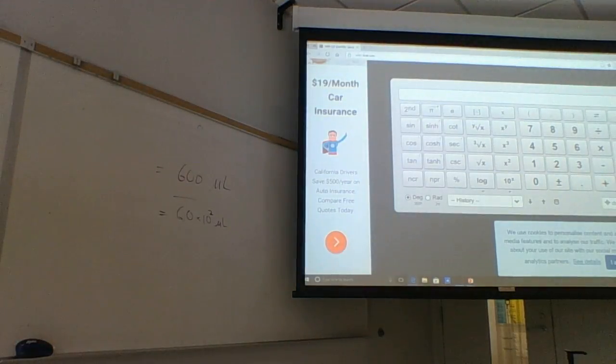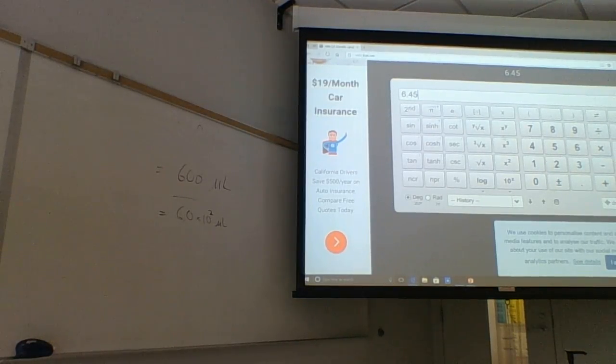So let's try this calculator to do this. The numerator is 6.45 times 10 to the minus 35. So I just type in 6.45, okay, times 10 to the minus 35. Wow, that's a really small number.